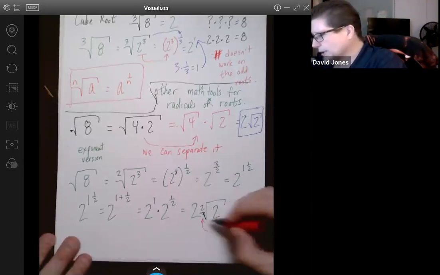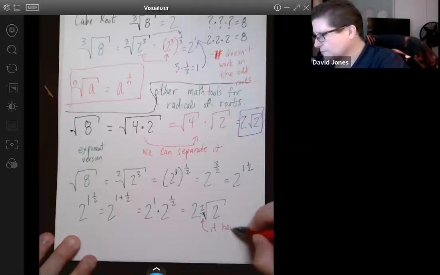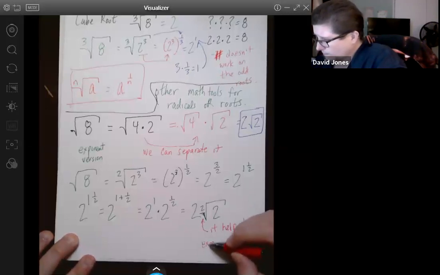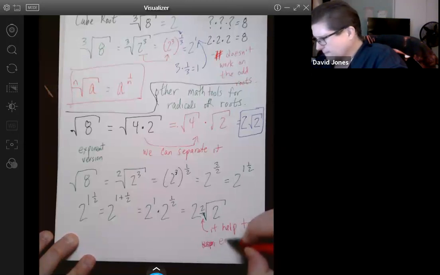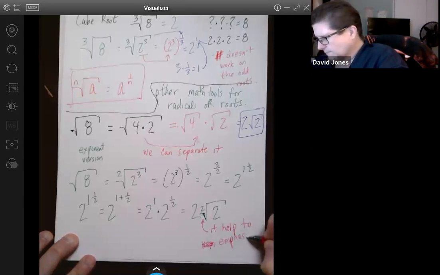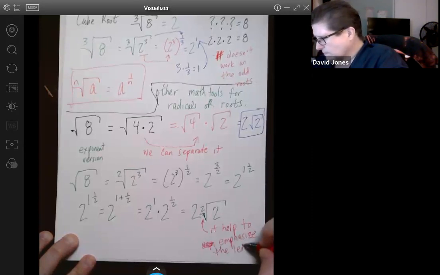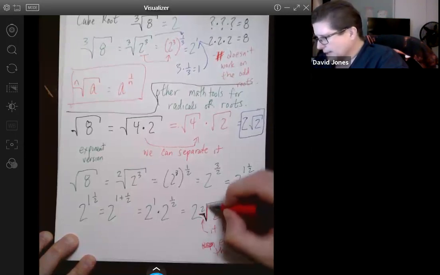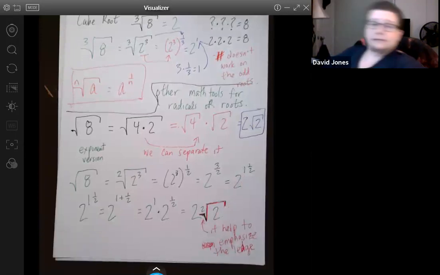It helps to put a little ledge there, to emphasize the ledge. Make it clear that that 2 up there is the index. Okay?